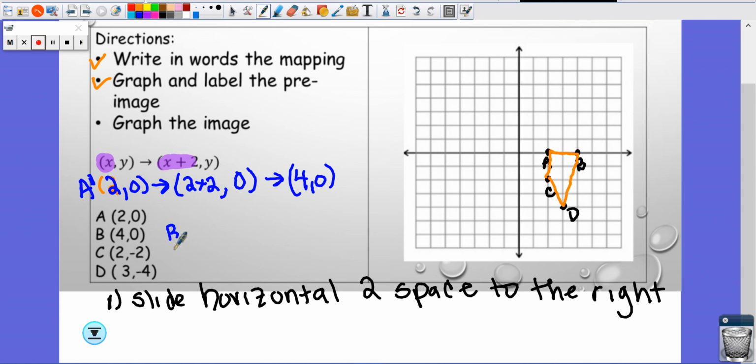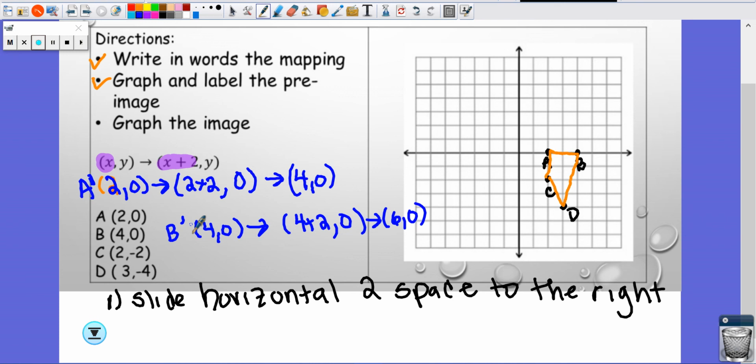So now I'm going to go and do B prime, and I get 4, 0, and that was my original, my pre-image. And now my image needs to be 4 plus 2, and the Y, it says to do nothing to, it stays the same. So my new value here is going to be 6, 0.